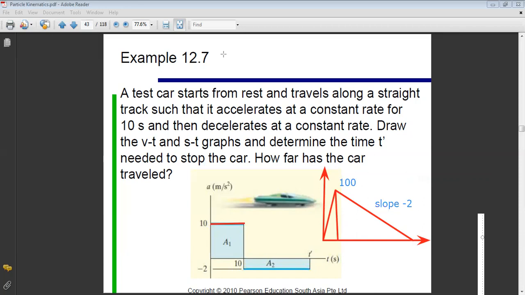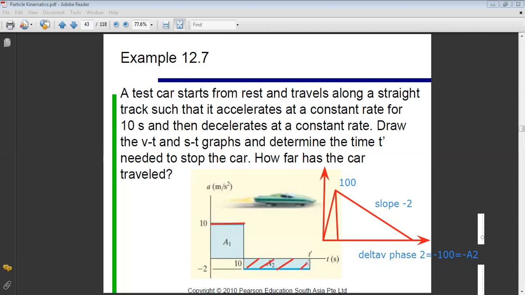So delta V of phase 2 is equal to -100. And I expect that this is due to minus A2. It is minus the area of this rectangle, because the area is below the axis, so I will take a negative, and the area is equal to the area of this rectangle.